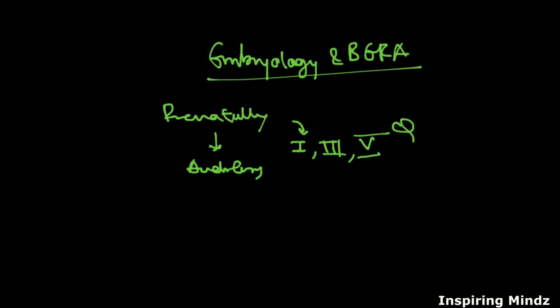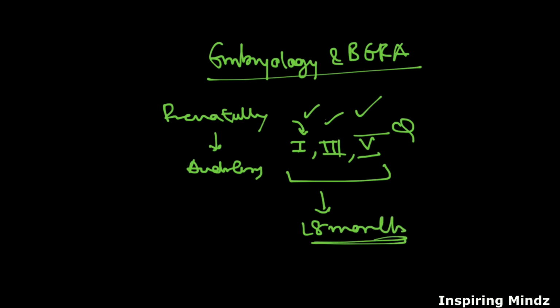During the gestational age, this will reach the adult configuration by 18 months. Okay, so you must remember this point about the auditory pathway, BERA and the auditory steady state response.